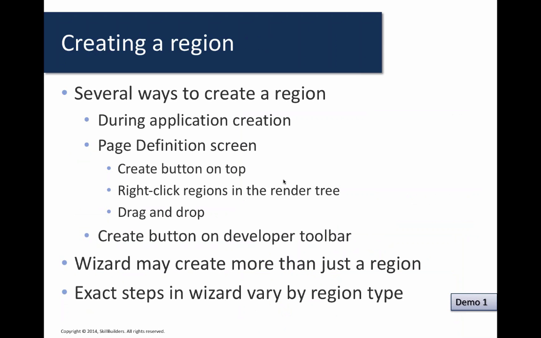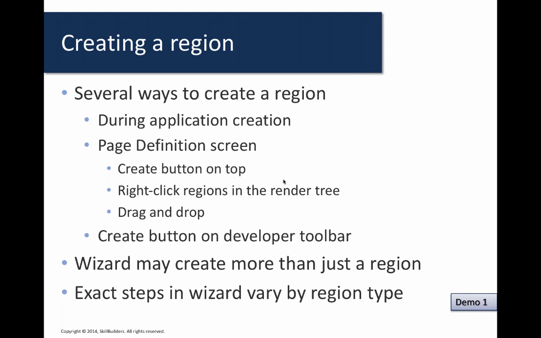And also for regions, there are several ways to create one. Either during the application creation, which already creates a region when you choose to add a report page, for example. During the page definition screen, there is a create button on top.